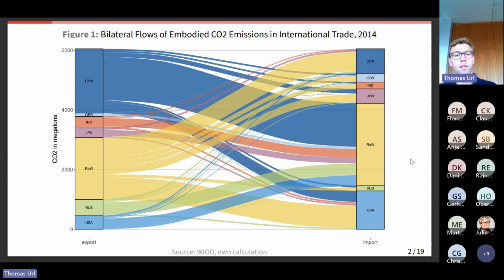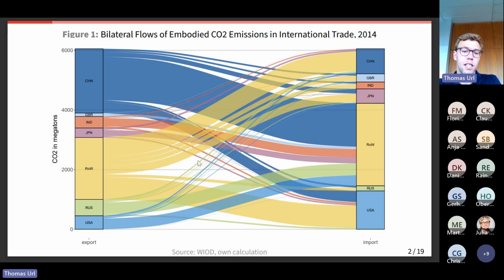So already in the aggregate there is an imbalance. Looking at specific countries, for example China, they have the biggest surplus in embodied emissions. They export around 2,100 megatons of embodied emissions, and in their imports it's only 840, so less than half of the emissions embodied in their exports.